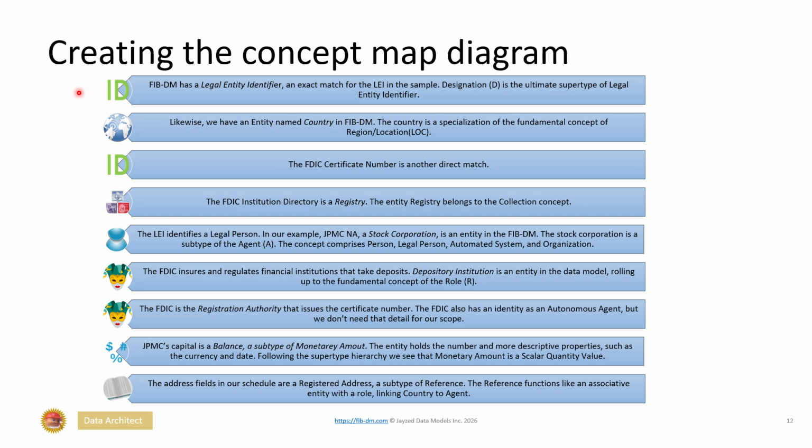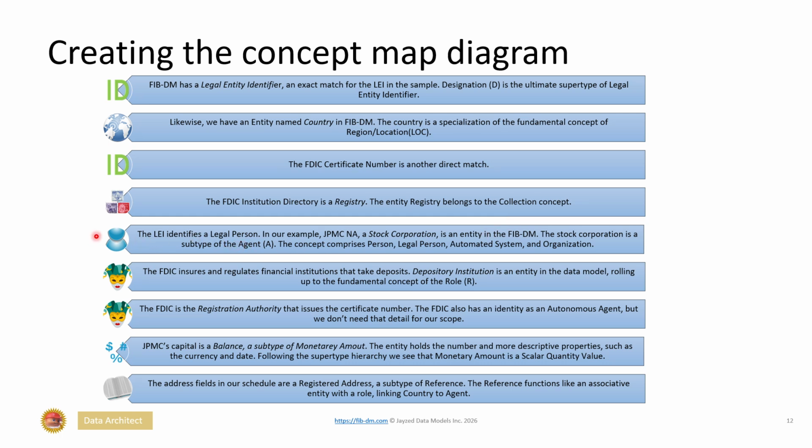Now, likewise, of course, FIB-DM has a country, and that rolls up to the concept of location. The FDIC certificate number is another direct match, no? Rolling up to the designation. And the FDIC institution directory, if we look up its ultimate supertype, it's a collection.